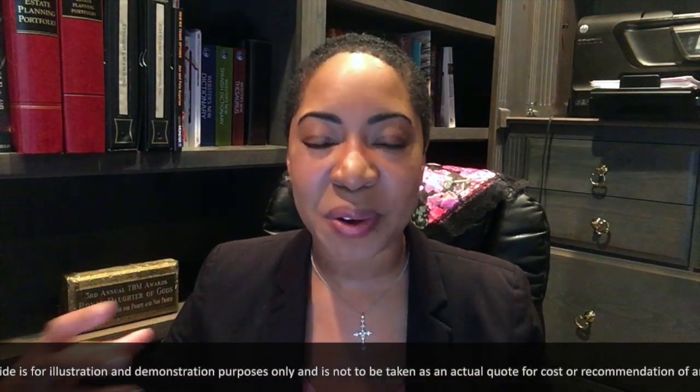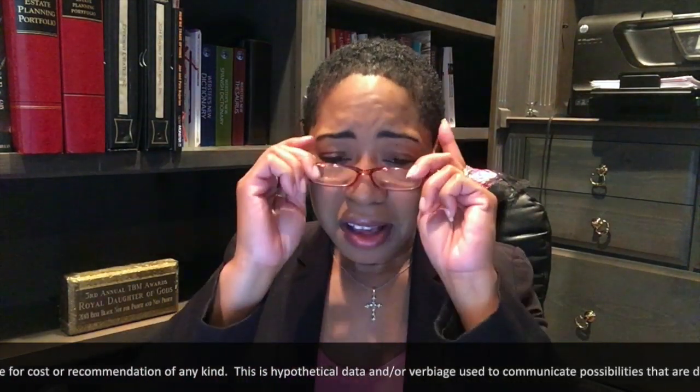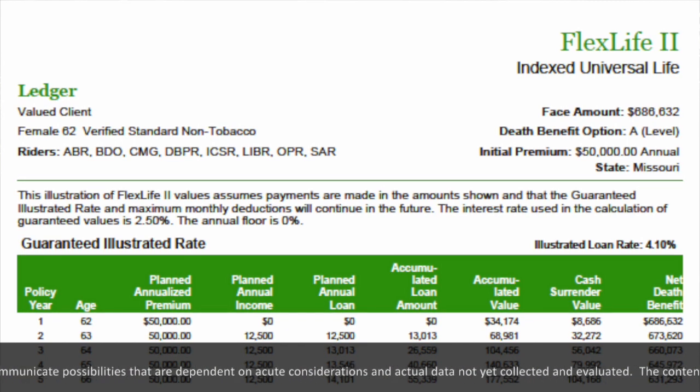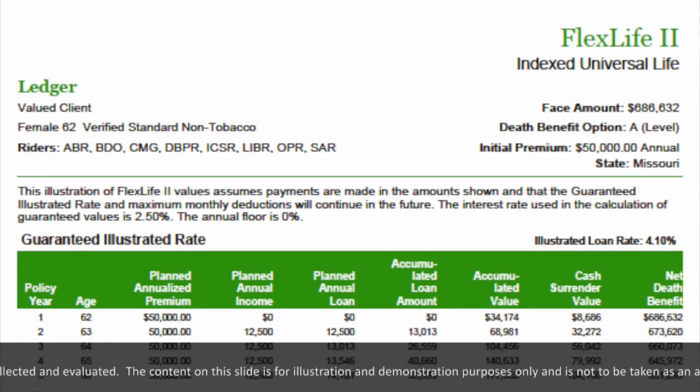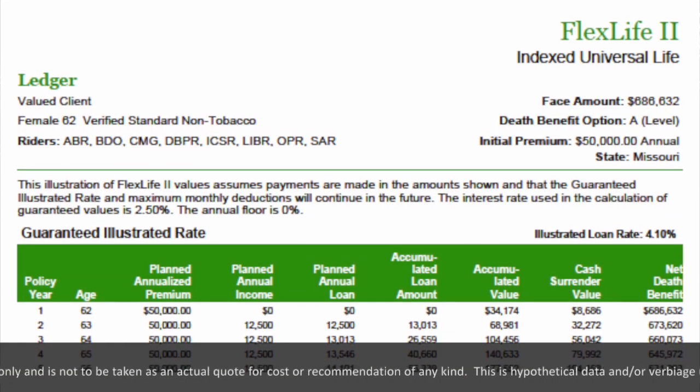It'll come full circle in later pages. We're here now. So the first ledger page, we're looking directly at the guaranteed illustrated rate. And what it's demonstrating is at an illustrated rate of 4.1%, how this entire strategy will work out.